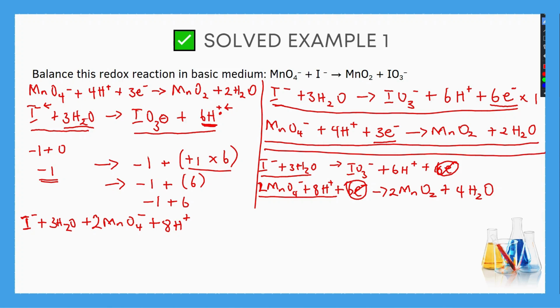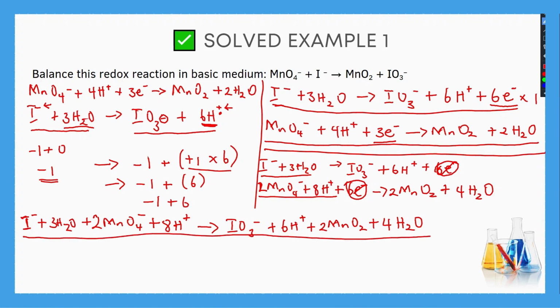So we've added everything on the left hand side. Now let's come to the right hand side. On the right hand side we have IO3 minus plus 6H plus 2MnO2 plus 4H2O. So we've added both equations together, and this is what we have ended up with.